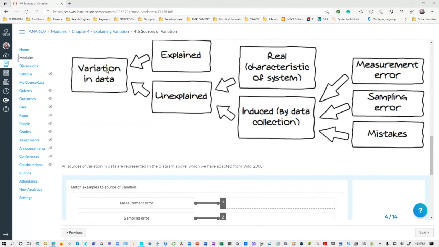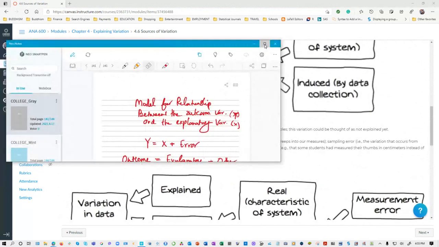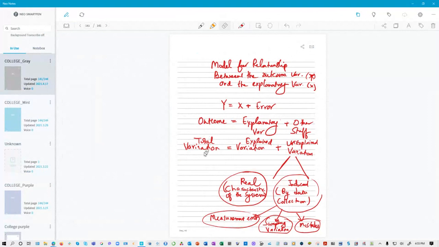It's a total error in your variable, whichever the variable is. When you carry out a certain experiment, let's say thumb length, the variation or errors in thumb length is due to the explanatory variable. You can think of it as height. It's explained because of the height it has changed.